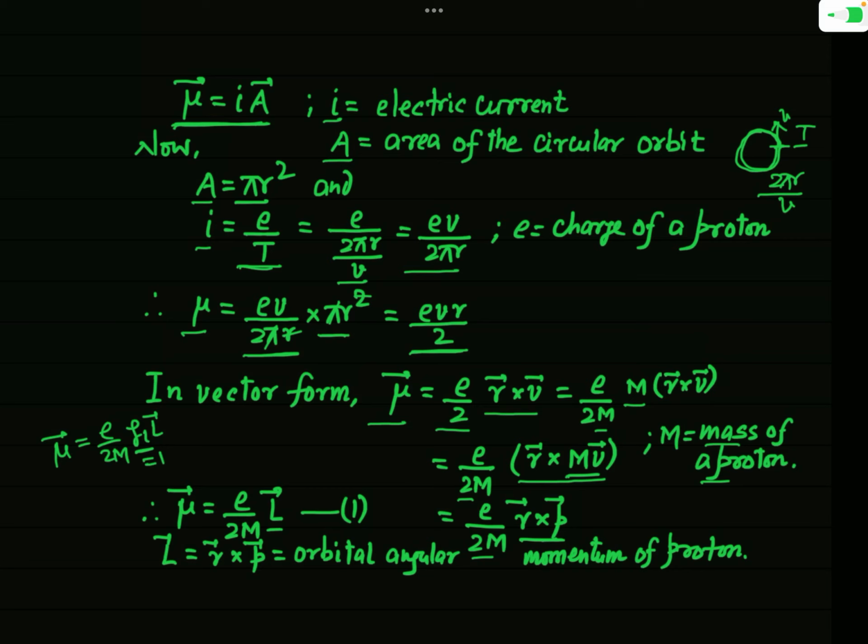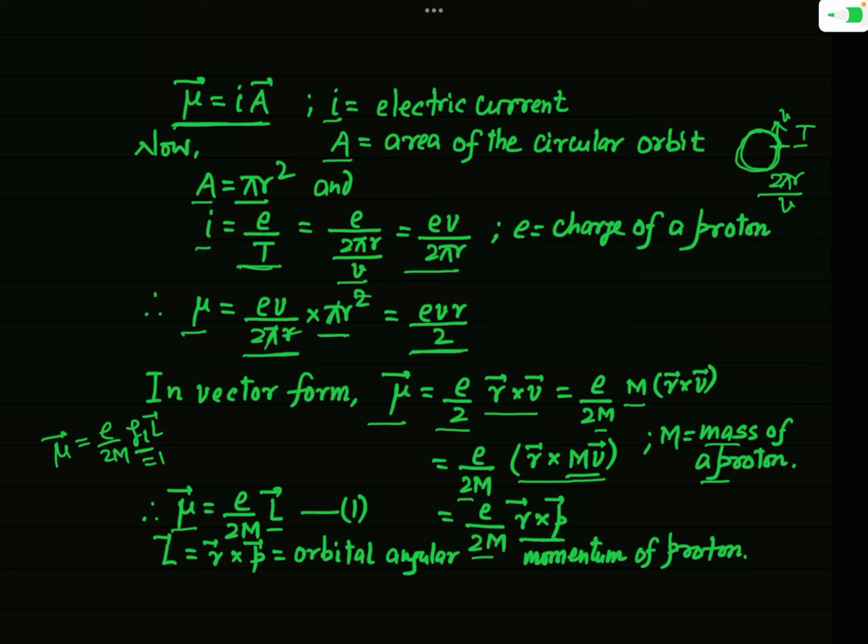Now you know, this is the orbital magnetic moment due to the motion of a single proton, only one proton. But as you know, neutron is revolving in the circular orbit or any type of orbit inside the nucleus in the similar manner as the proton revolves. But this type of magnetic moment you cannot associate with the motion of the neutron. Why? Because neutron has not any charge.